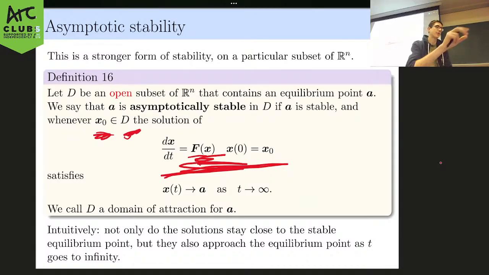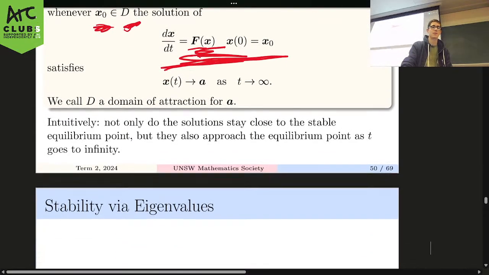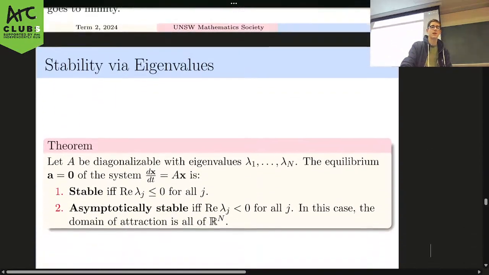So we get arbitrarily close to that equilibrium point, as in we effectively stay near it as t gets arbitrarily large. So we kind of get sucked into the equilibrium point. We'll look at some examples of what that means in the next few slides, but that's enough for now.